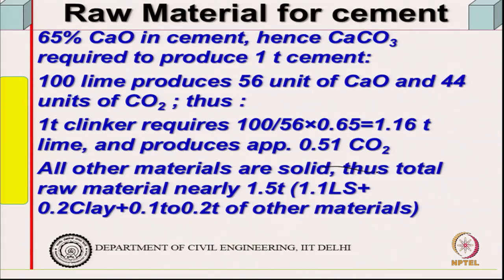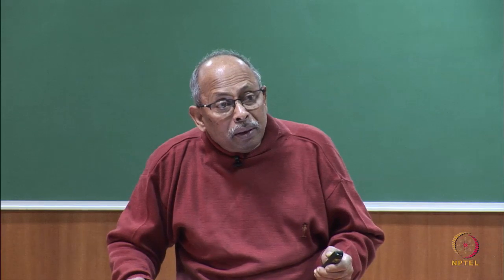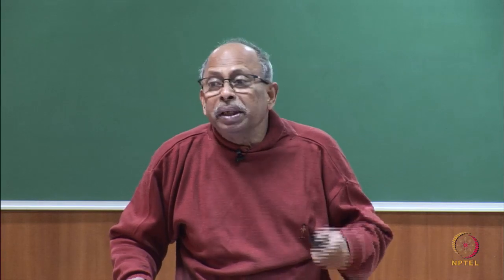All other materials are solid, thus the total would be nearly 1.5 ton, that is what I was saying. Maybe 1.16 limestone combination, 0.2 clay, 0.1 to 0.02 other materials. So, you require nearly 50% more raw material, and nearly 51% of it goes as carbon dioxide.